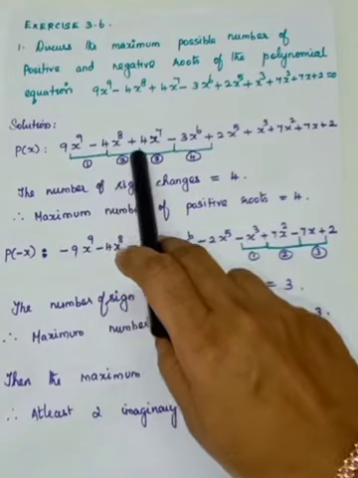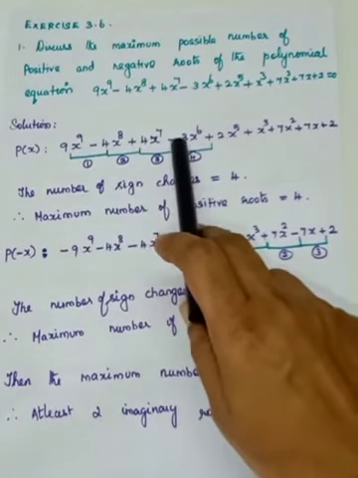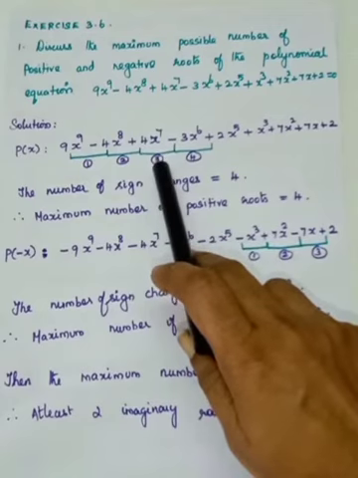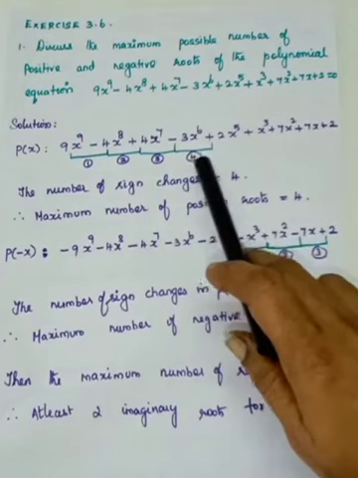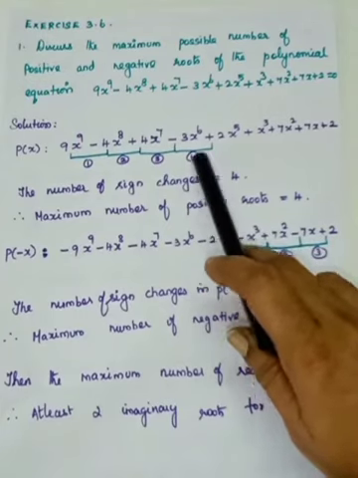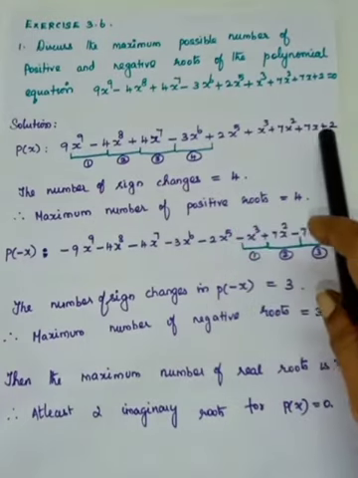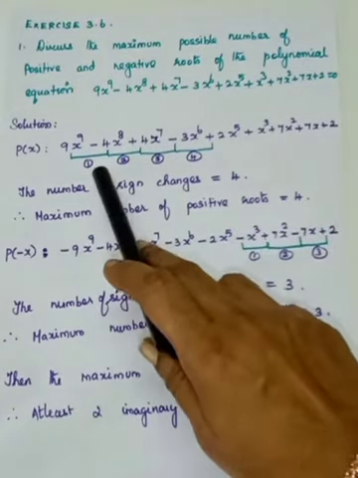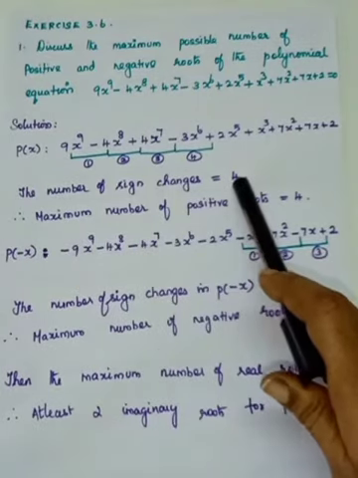And negative to positive, that is the second change. Next, plus to minus, so that is the sign changes 3 times. And negative to positive, so 4 sign changes happened. So remaining plus, and here also everything is plus. So therefore the number of sign changes in p of x is 4.